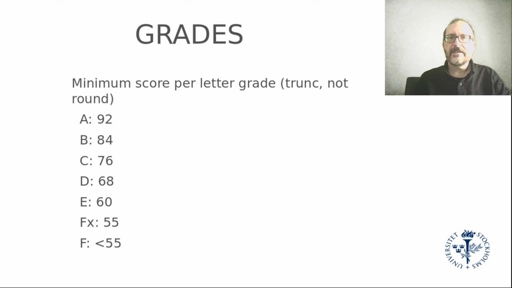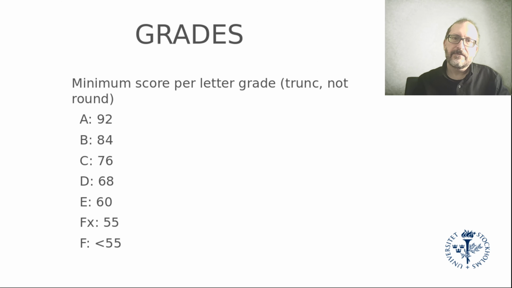And so that means that if you get, let's say, a 91.9, that's a B. It's not an A. Okay? I mean, you might say that's unfair, but if we set a rule and then start moving it for specific cases, then it's a slippery slope. Like, we never know how much moving is too much. So it's just trunc, and that's it.